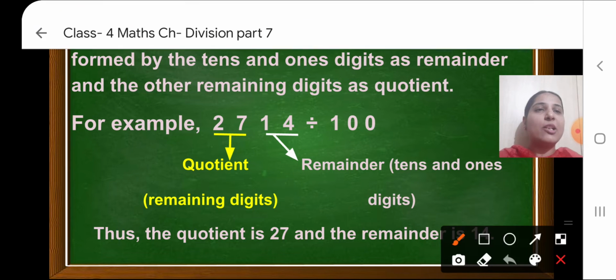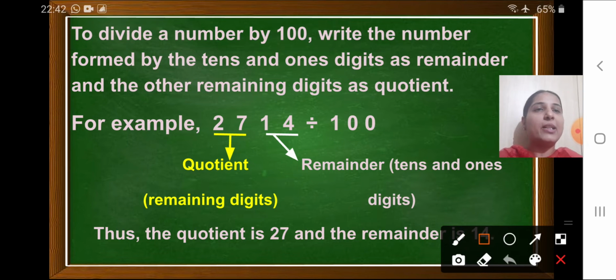How many zeros are there in the divisor? 2 zeros are there. In 100 you can see 2 zeros are there. So we will see the digits starting from the ones place and move towards the left side, and take 2 digits, the digit at the tens and the digit at the ones place.